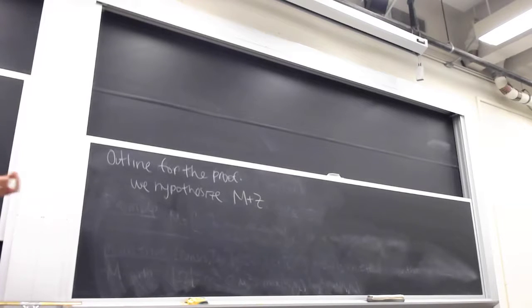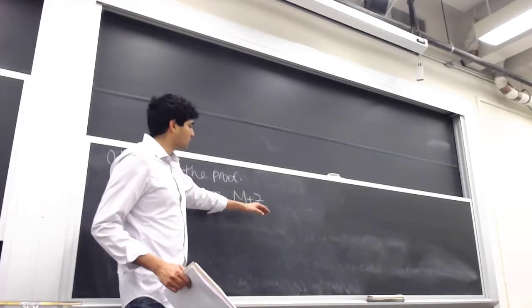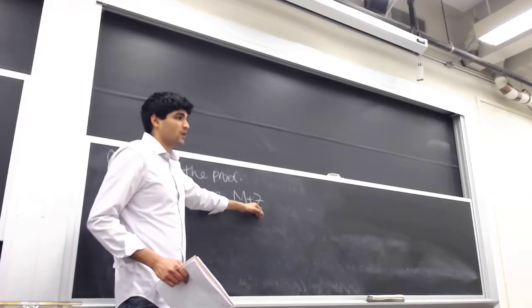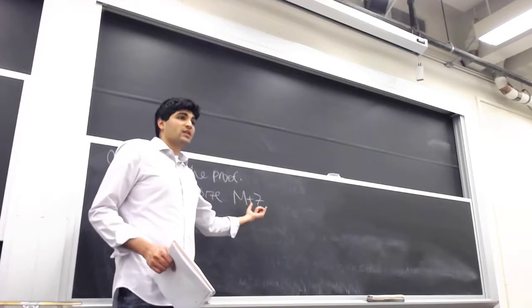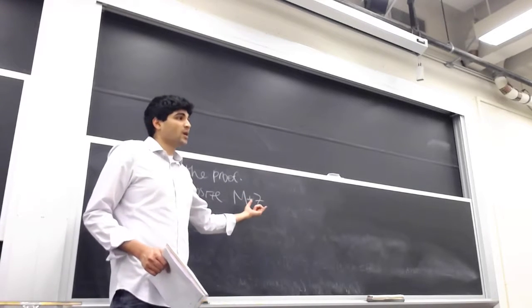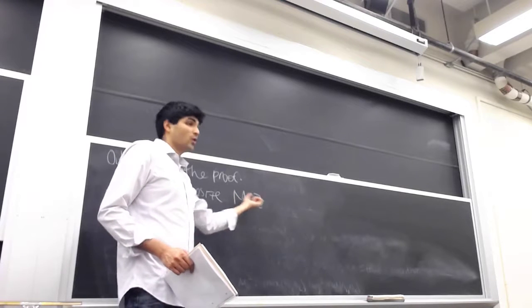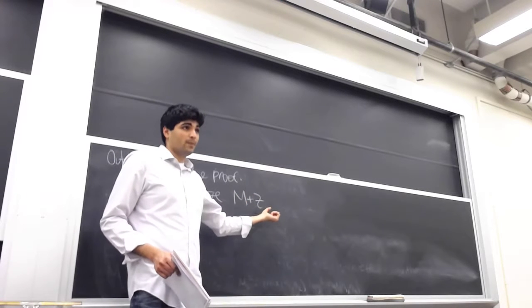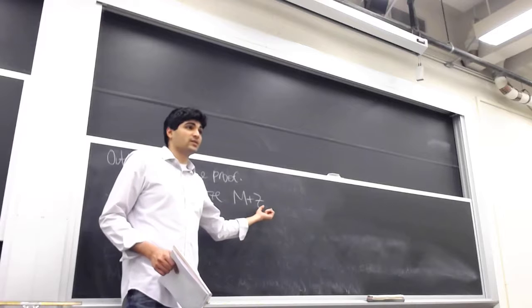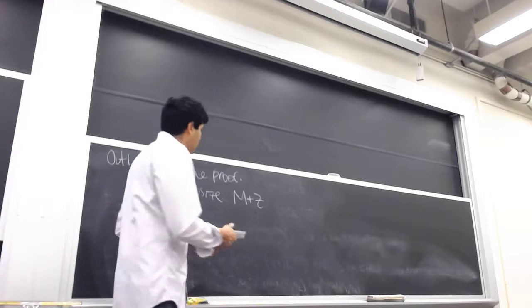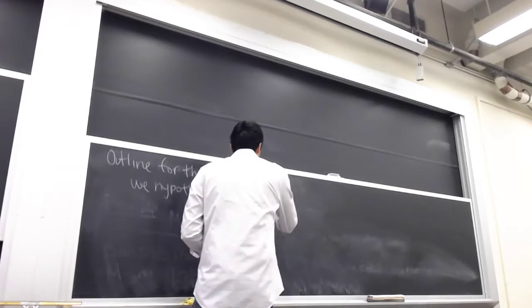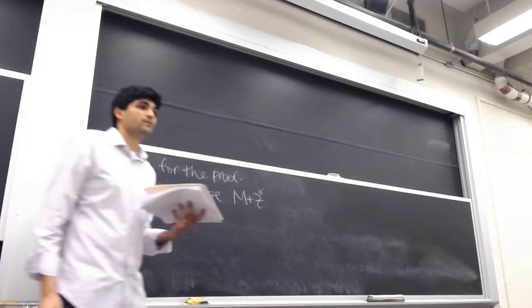So we're going to hypothesize that there's some other solution that's better. And we can always write whatever that solution is in this form, because we can think about it as a perturbation of m along some matrix direction z. So can anyone tell me something about the support of z?